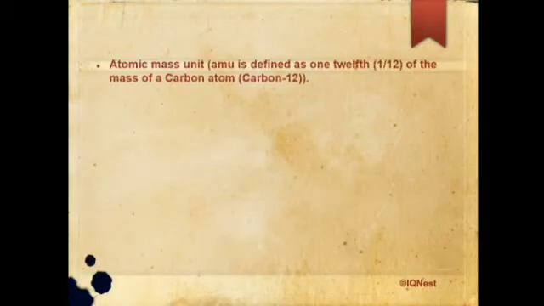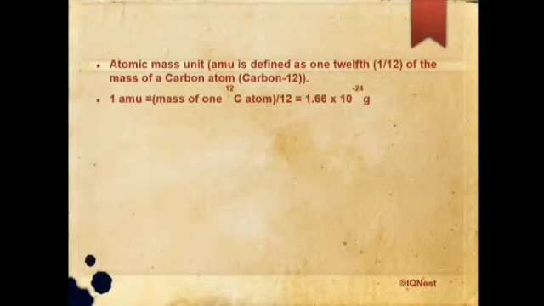The next important point is, what is atomic mass unit? It is also known as AMU and it is defined as 1/12th of the mass of a carbon atom. So that is atomic mass unit. And one atomic mass unit is equal to the mass of one C-12 atom divided by 12, and it is equal to 1.66 × 10^-24 gram.